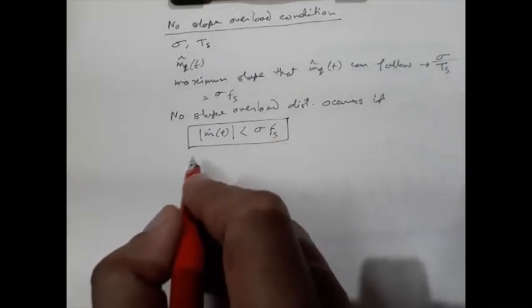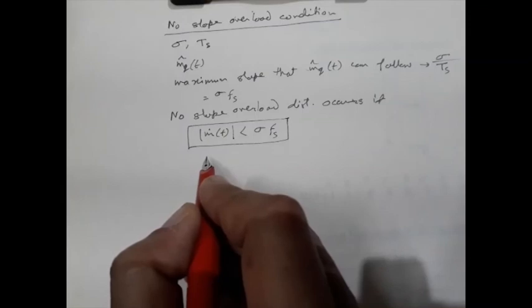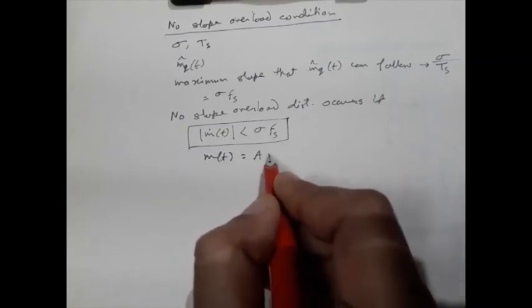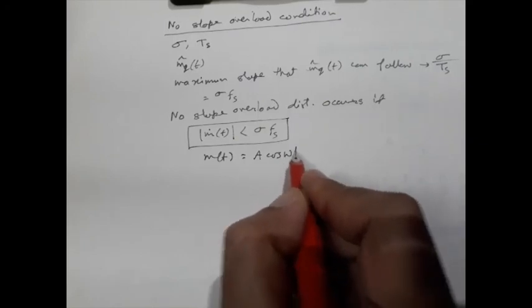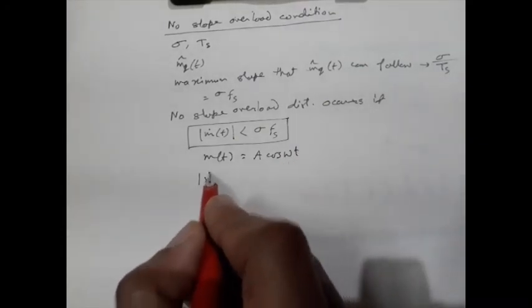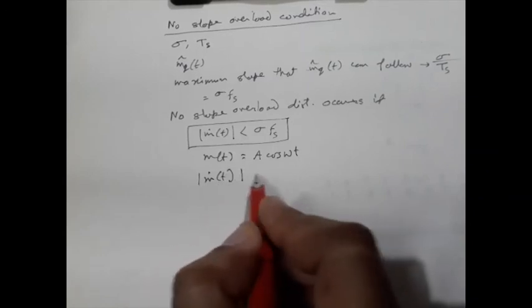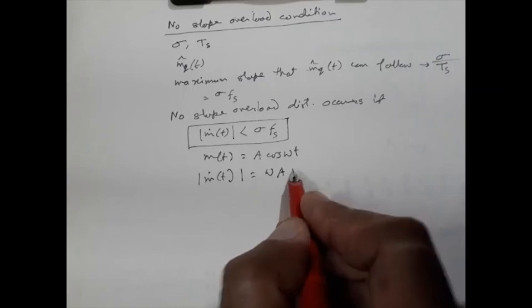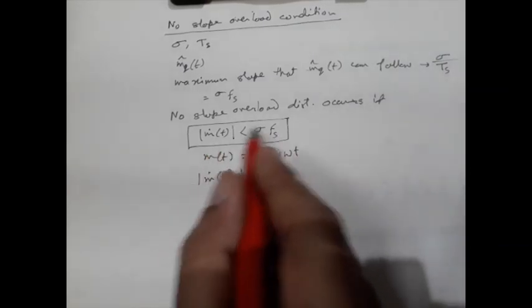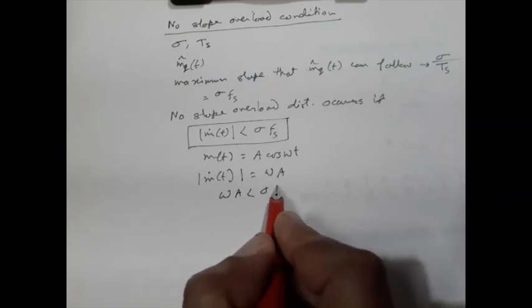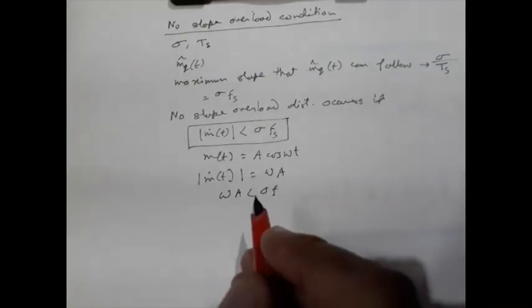Let us take just one example. Say m(t) is some sinusoidal variation. In that case, |m dot(t)| is equal to omega into A, and according to this relation, this omega into A must be less than sigma into Fs.